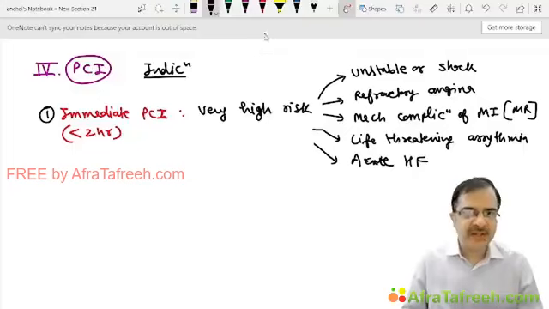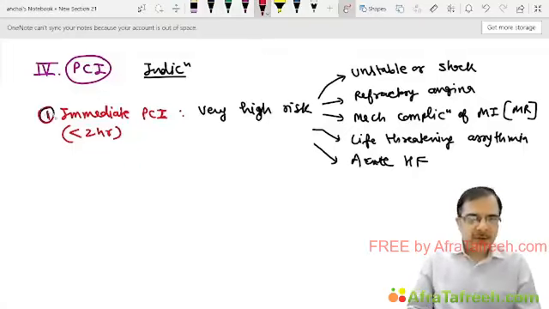So these are the 5 indications to do an immediate PCI.